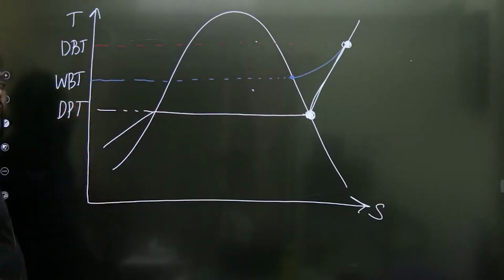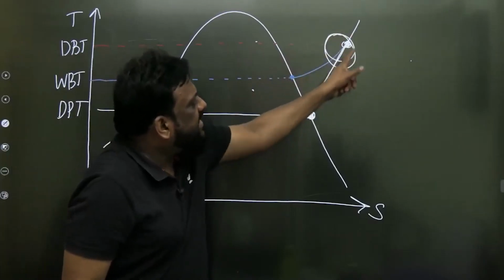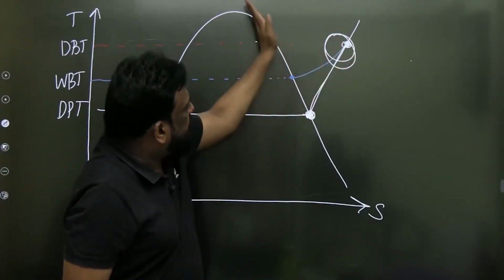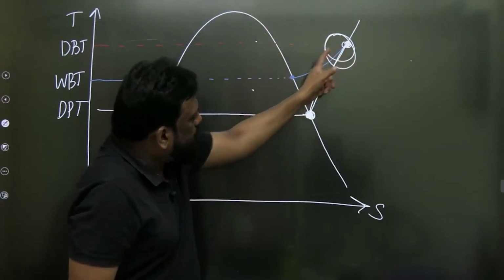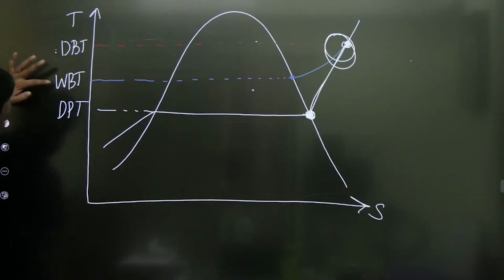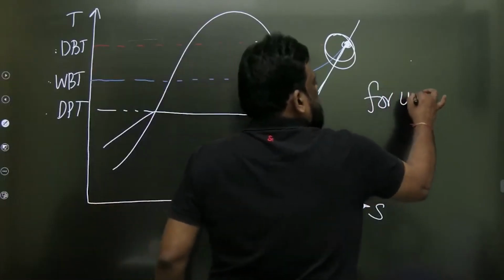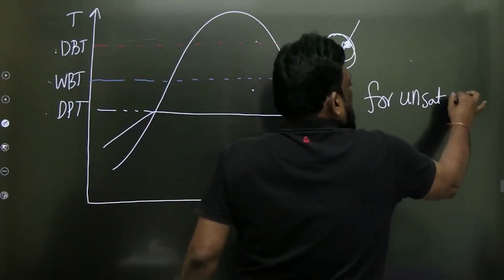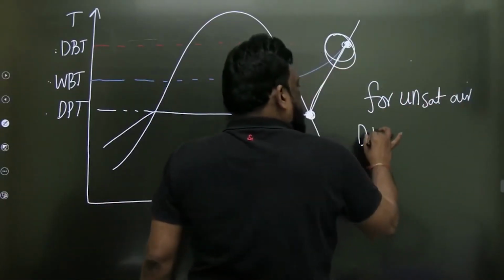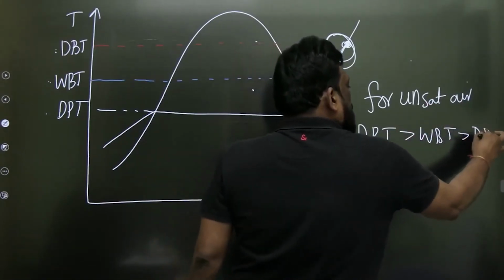When there is unsaturated air, it is unsaturated only because this is saturation. For unsaturated air, dry bulb is greater than wet bulb and wet bulb is greater than dew point temperature.